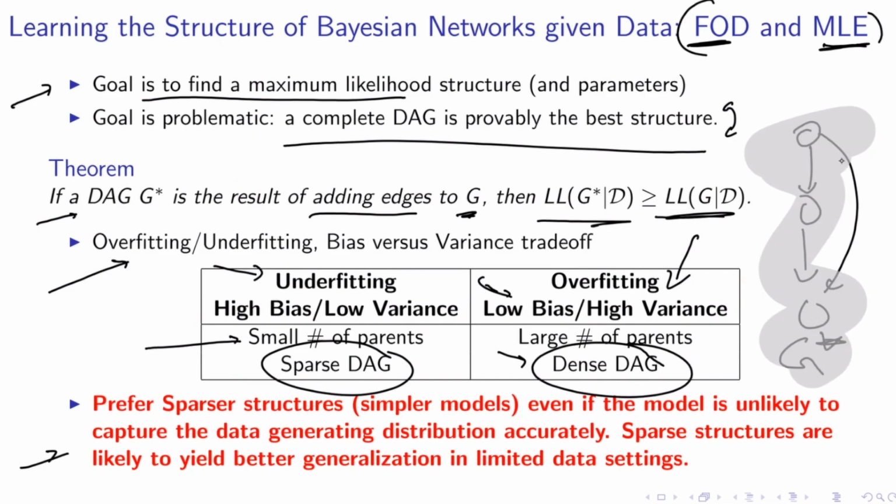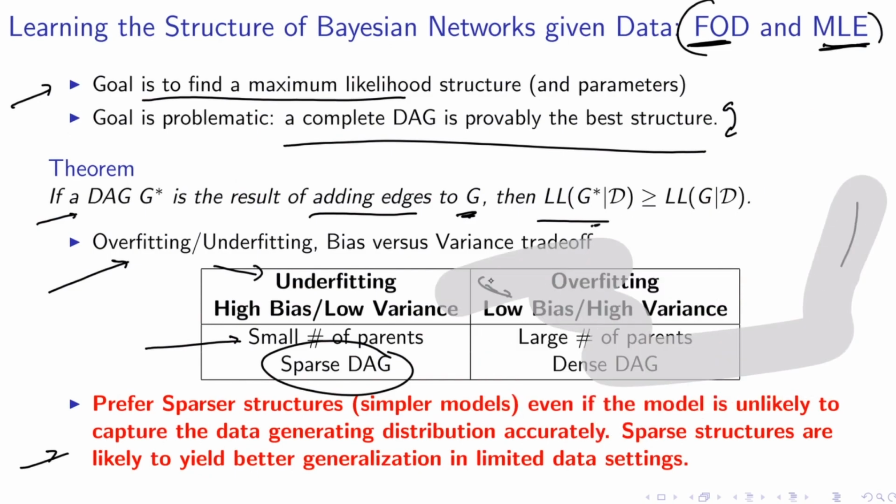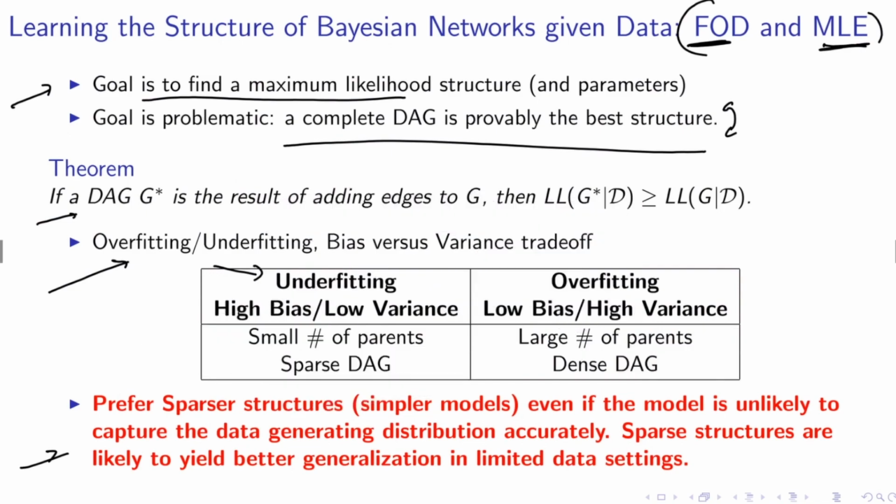So typically, what happens is that the bias versus variance trade-off can be represented by a graph which looks like this. Let's say this is the likelihood, and this is the number of edges in the graph. Remember, we want our likelihood to be as high as possible, but not only the likelihood on the training data, but also the likelihood on the test data.